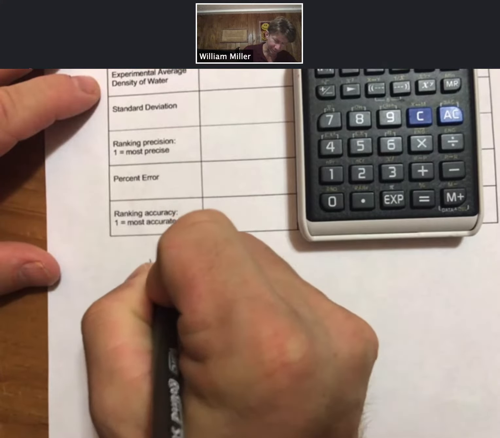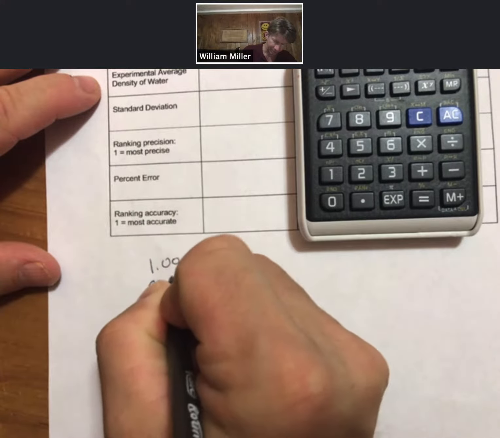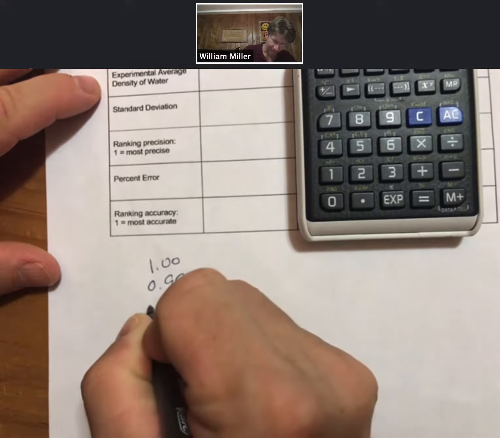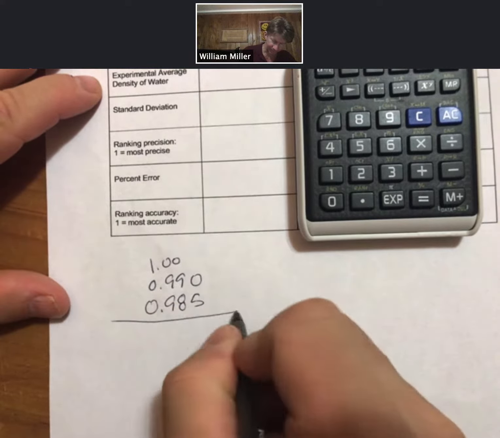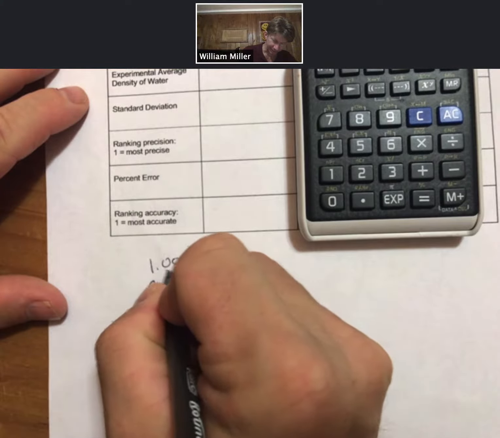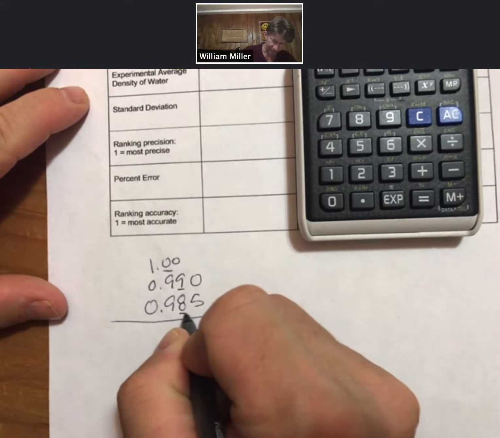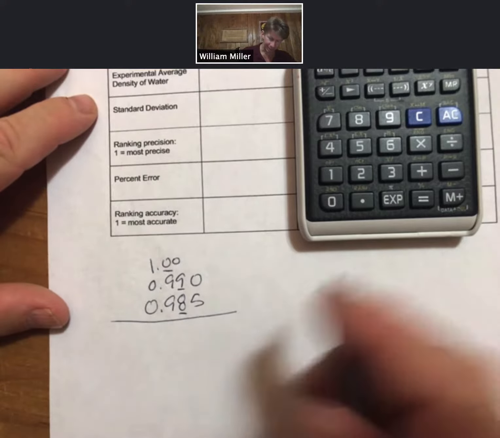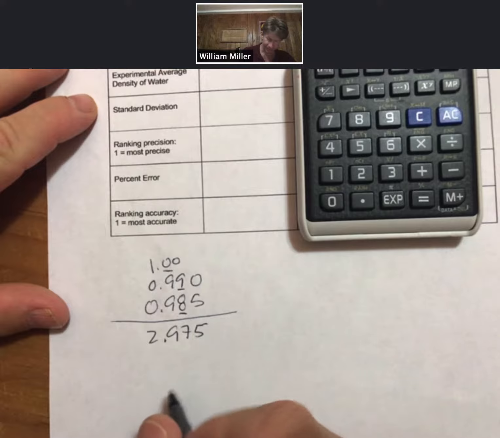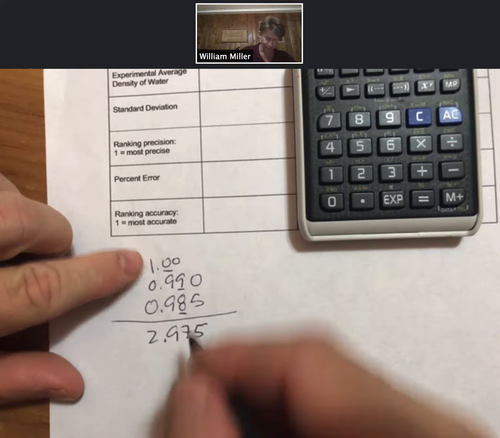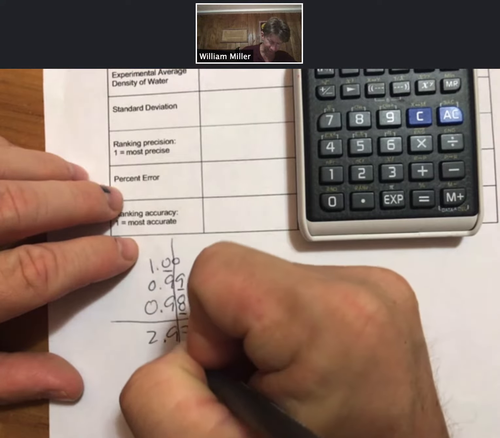So 1.00, 0.990, 0.985, and then we add those up, we get 2.975. We can see that our top number has the fewest number of significant decimal places.